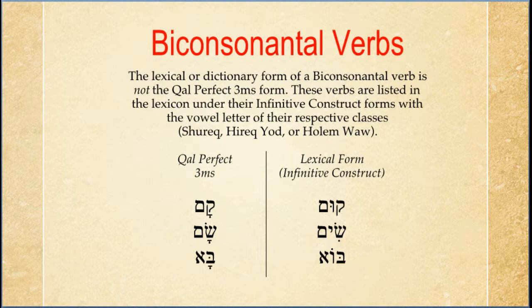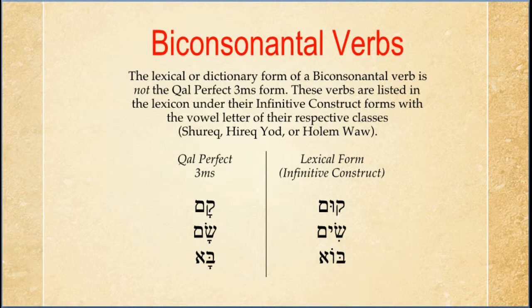They are actually listed in the infinitive construct form. And so you could see, if you look at the infinitive construct form, you will actually see the vowels that went missing. So kam was actually at some point kum. Kum is the fuller form of that word. So the vav went missing here, and that's where we can kind of see that.